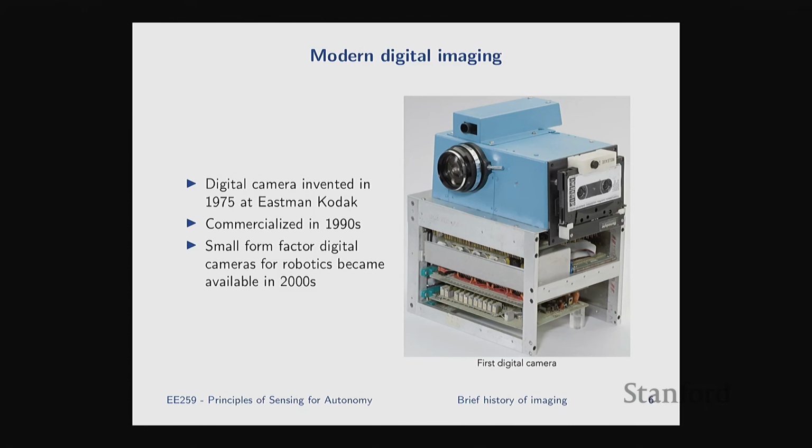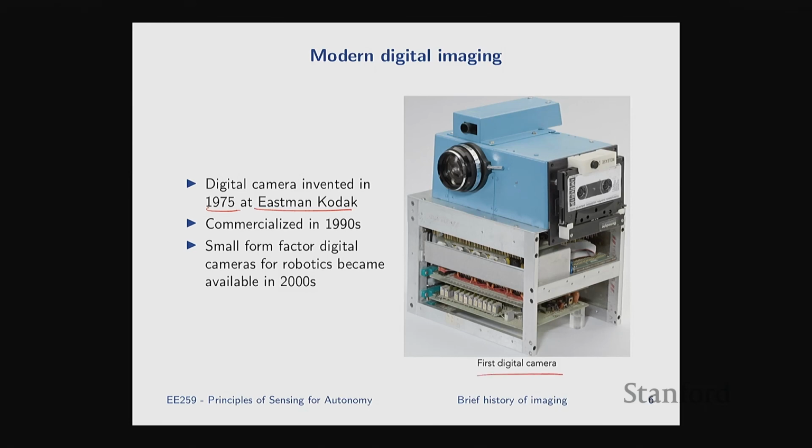The digital camera was invented in 1975 at Kodak, which interestingly is a company that almost went bankrupt because they did not see the value of digital photography. It was invented there, but they decided to not even announce it. That's a picture of the very first digital camera. Interesting design.